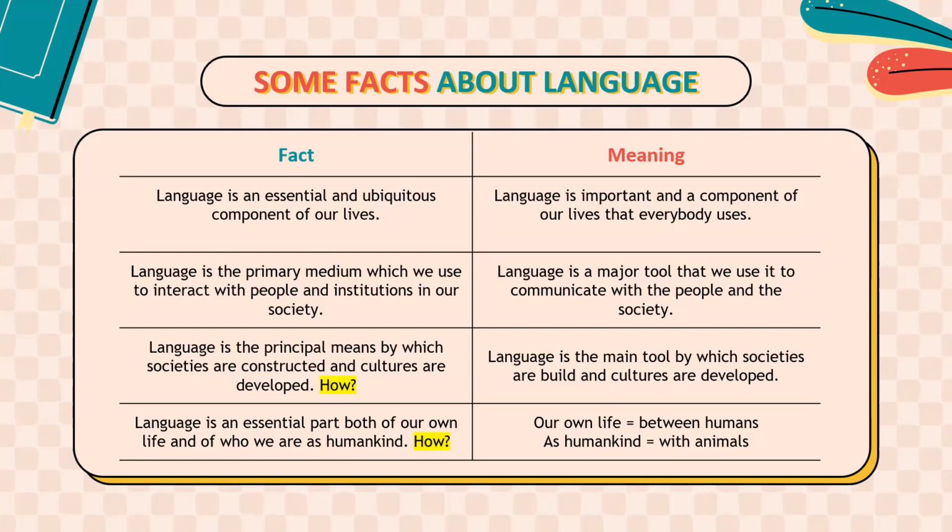Yes, they communicate with each other, but still, they don't have a language. They are only making sounds, not like us. We can create novels. We can talk about things that no one ever talked about. So yes, it differs us from animals, and as humans, we can communicate with each other using it.